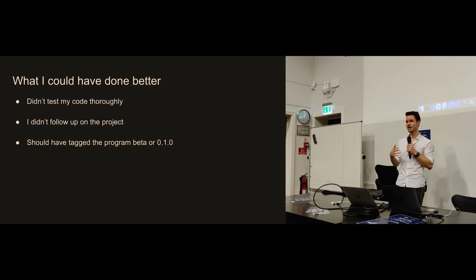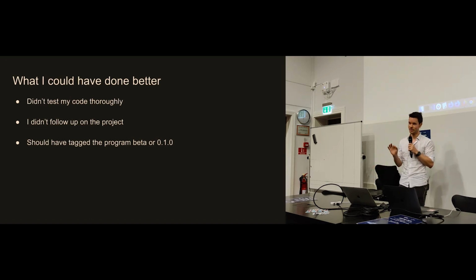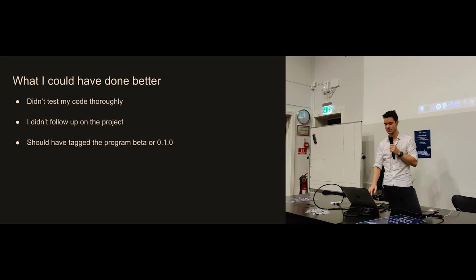In my case it was really time that was the main problem, but I feel like the app had a lot of potential, and some people are still using it apparently. And the third thing I really wish I had done was to tag the program to indicate that it's in an unstable state, either saying it's beta or 0.1, something like that.